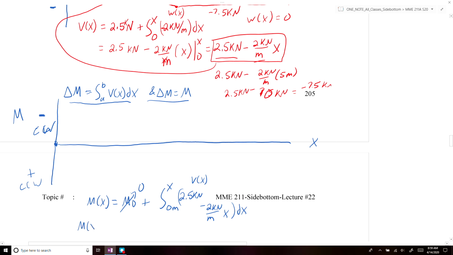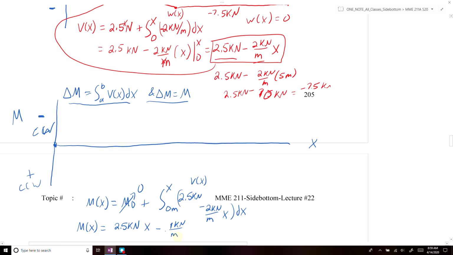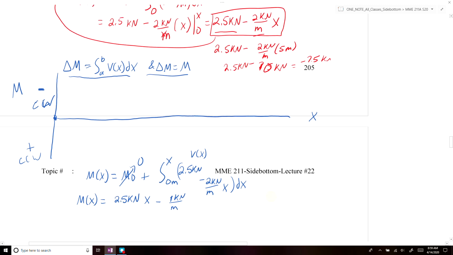If we integrate that, we get M of x equals 2.5 kilonewtons x minus 1 kilonewton per meter x squared, evaluated from 0 to x. So that is a parabola.